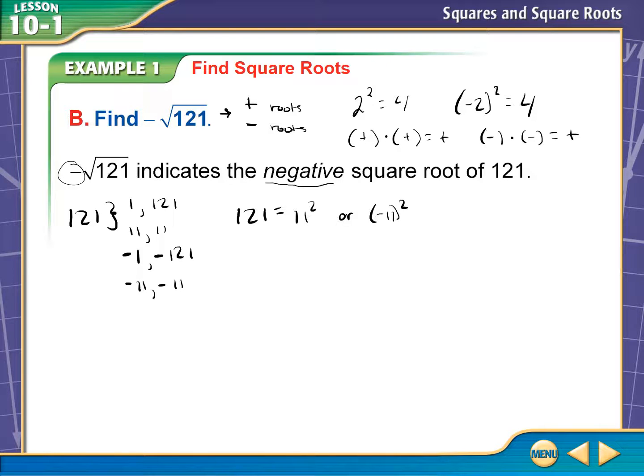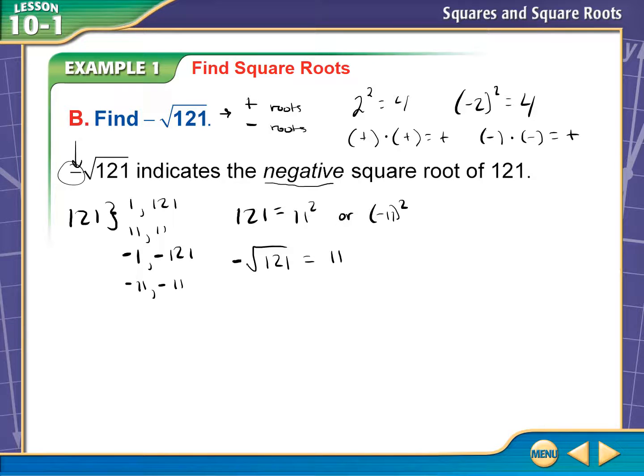And in this particular case, I'm interested in the negative root. So the square root of 121 I know is 11, right? Because it's one of those factors. But in this case, I'm interested in the negative version of that.